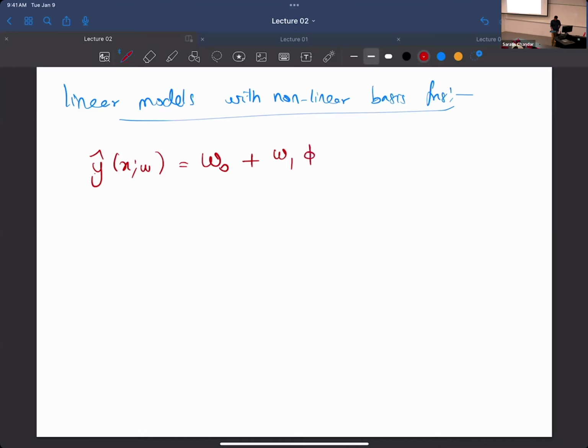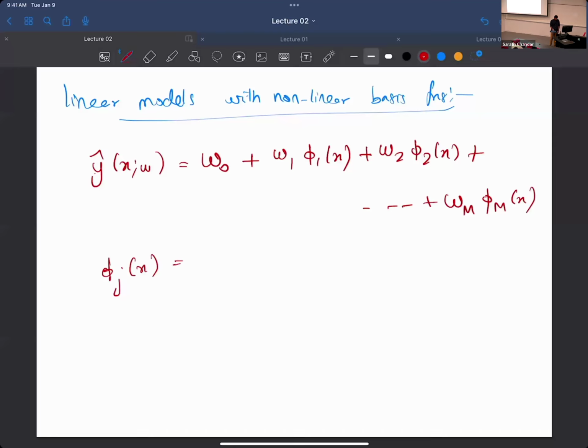So phi1 of x is my first nonlinear feature. It could be x square, could be e power x. You can do whatever feature you want. Plus w2 phi2 of x, all the way to wm phi m of x, where phi j of x is my basis function. These are usually fixed nonlinear functions.